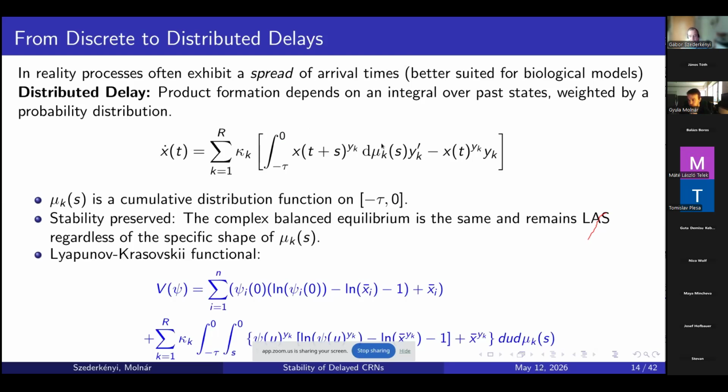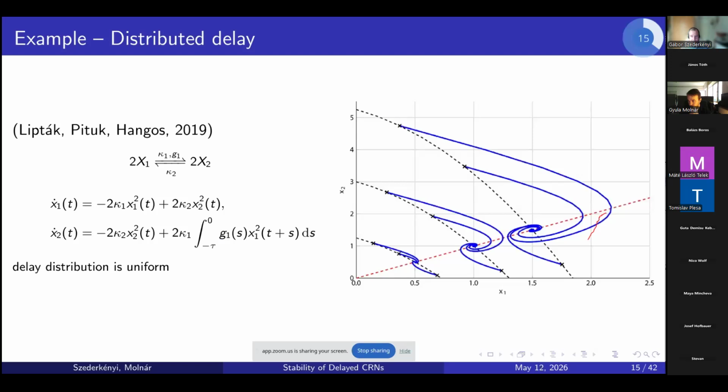So this mu will be the distribution function, the d mu will be the probability density function, and the summing along the reactions is the same. And the result is essentially the same as for discrete delays, so the stability is preserved, and we could give a Lyapunov-Krasovsky functional to prove the stability for essentially arbitrary delay distributions.